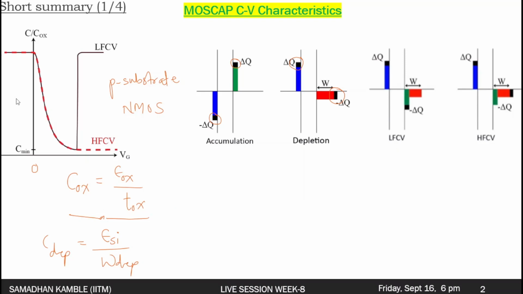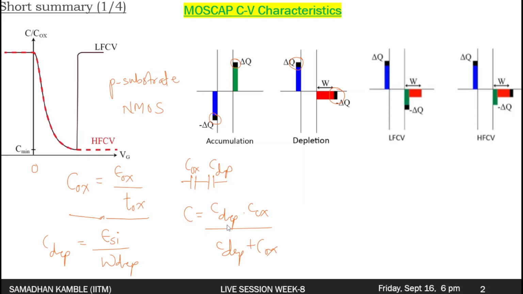So the total capacitance is nothing but the series combination of Cox and C depletion, which, as we know, in the series case is C depletion times Cox divided by C depletion plus Cox.